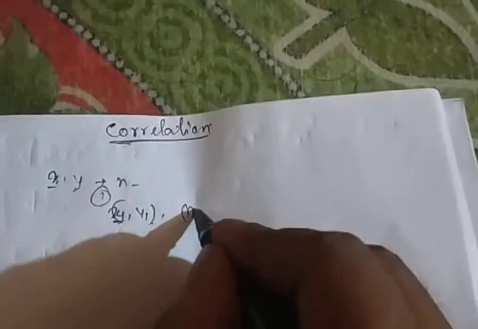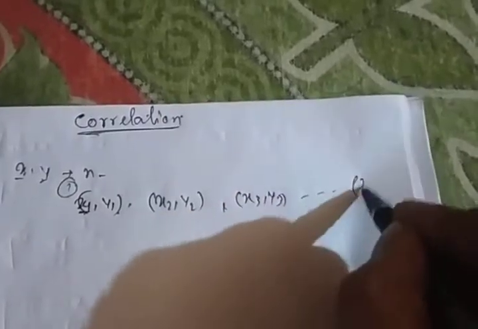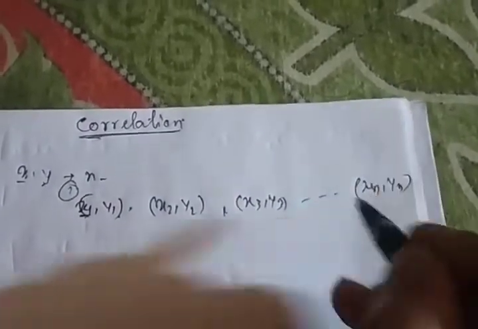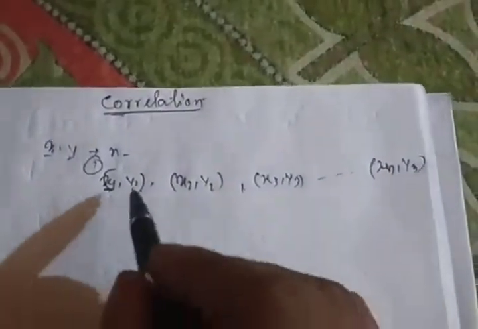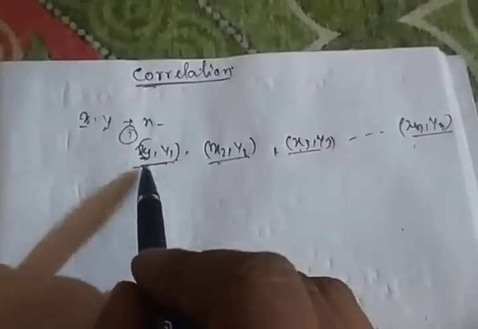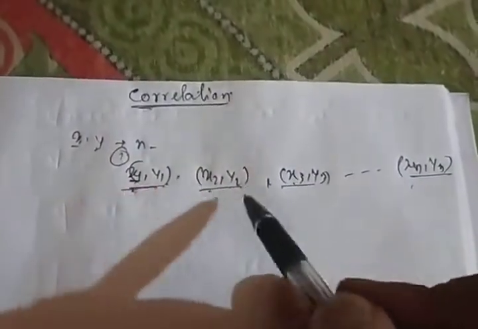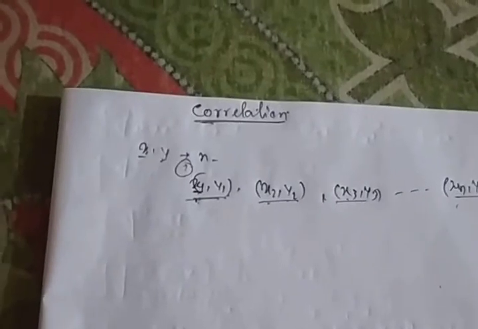For the second individual the data is x2, y2, for the third individual x3, y3. In this manner we get the data of n individuals, as ordered pairs. x1, x2, x3 and xn are the values for the variable x, and y1, y2, y3 and yn are the data corresponding to the variable y.